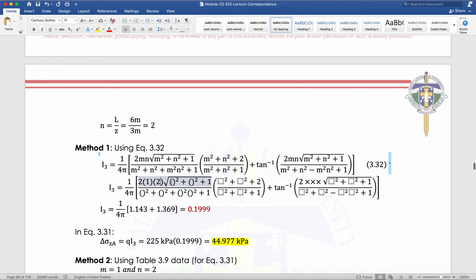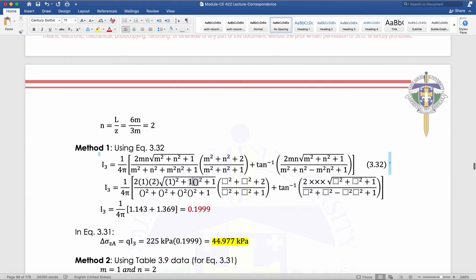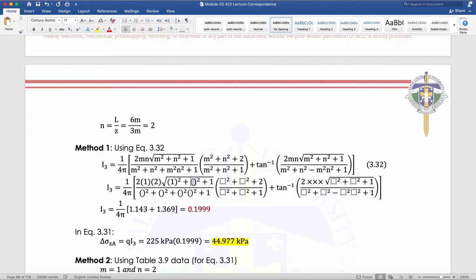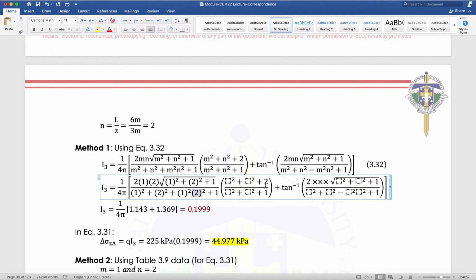Then, m is 1 squared. n is 1 squared. No. It's not 1. It is 2 squared. Divided by, we have m, which is 1. n is equivalent to 2 squared. Then we have 1 squared times 2 squared plus the term here, m is 1, n is 2.